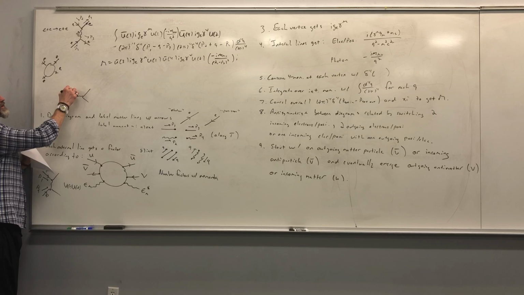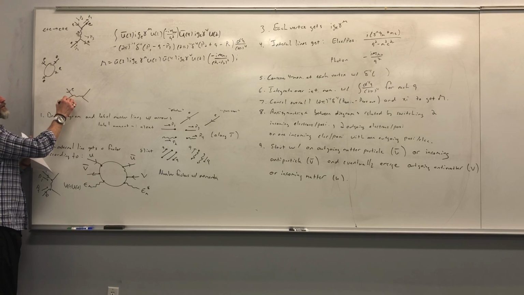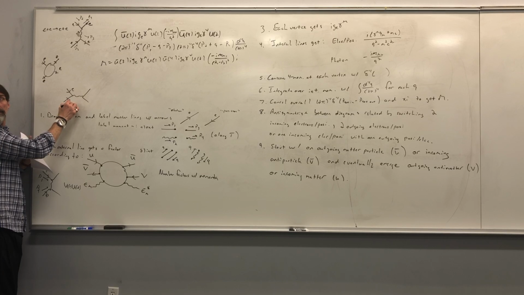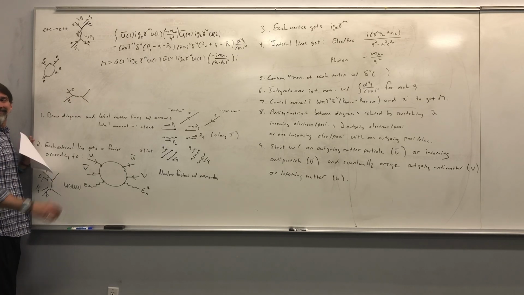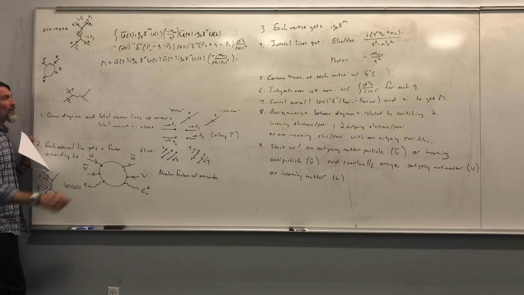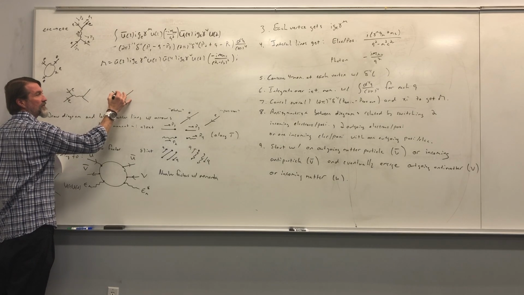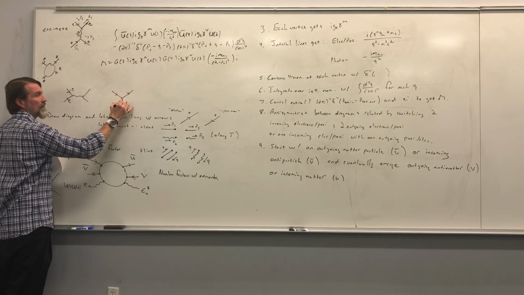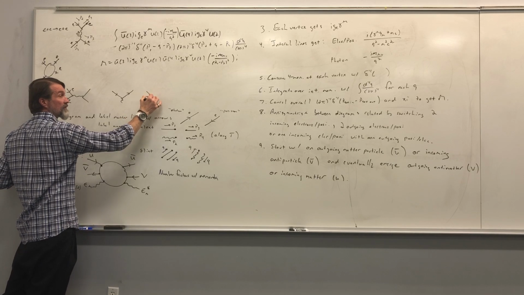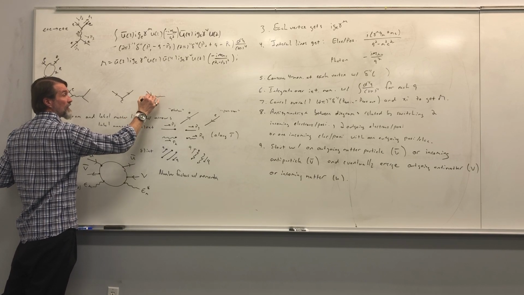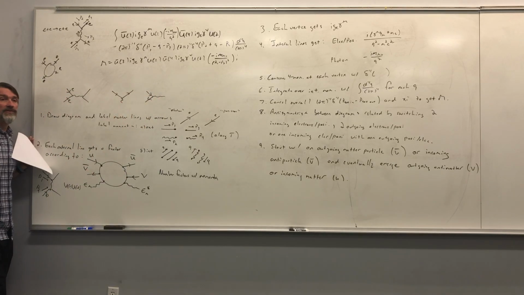This is an incoming electron. Is that an incoming electron? Is that vertex allowed? No. Remember, the vertices always have to have an incoming electron and a leaving electron. Or if you turn the diagram on its side, it's an incoming electron and an incoming positron.